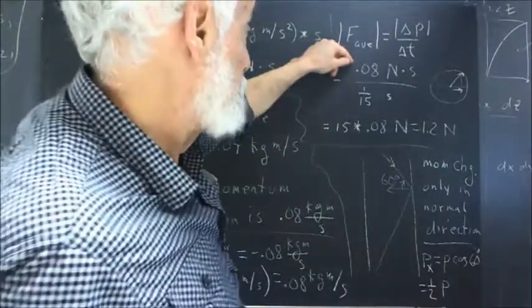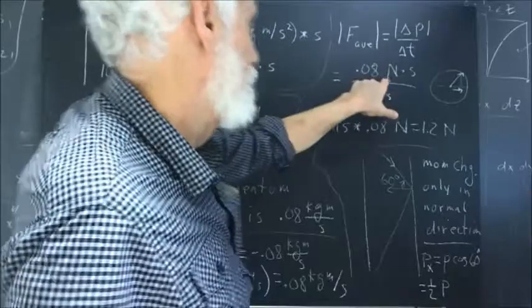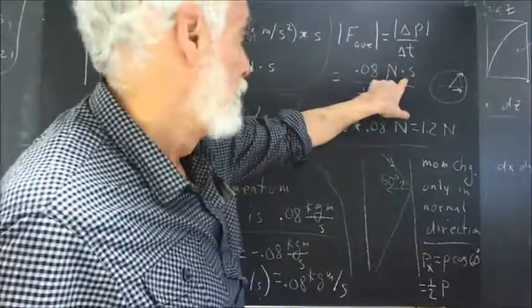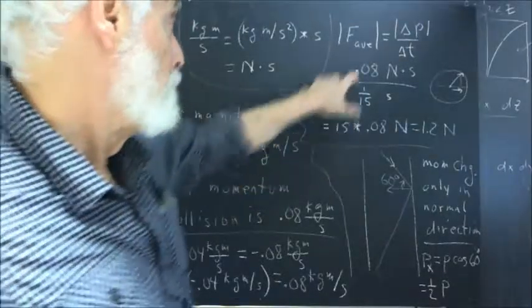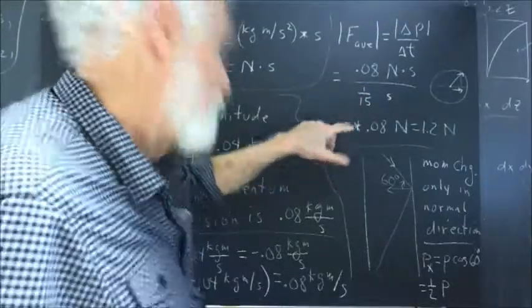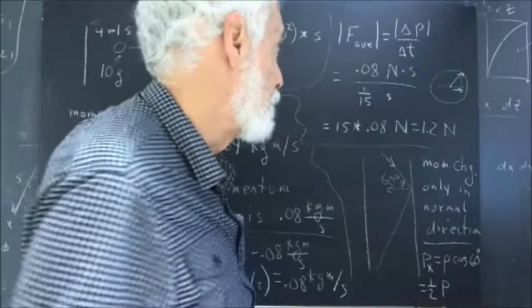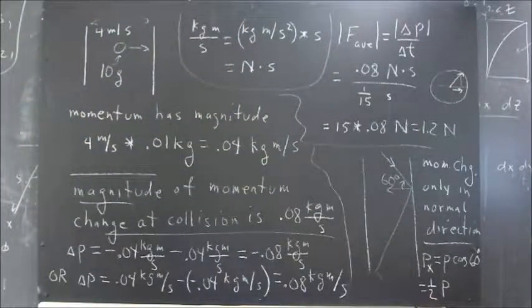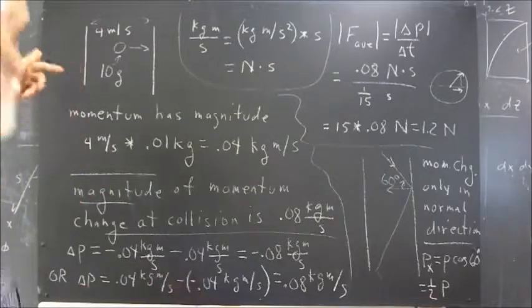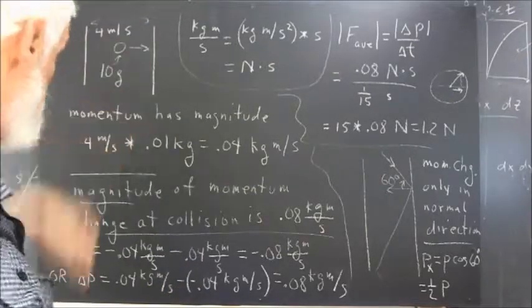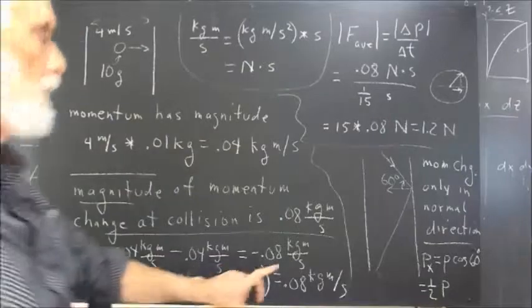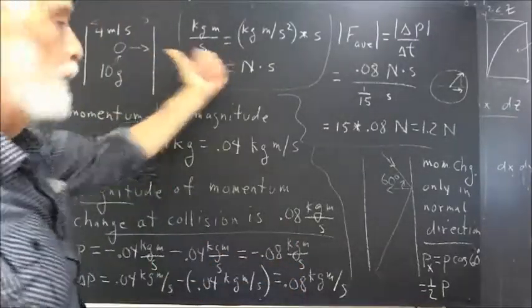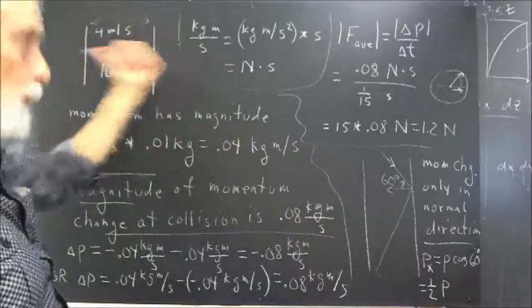So we're going to be dividing 0.08 Newton seconds, and I'm using the Newton seconds here instead of kilogram meter per second, but you can verify that that unit is the same as this unit. If I divide that, well, I get 15 times 0.08 newtons, or 1.2 newtons of force. Now, if we're talking about the force being exerted on this wall, we're talking about the change in momentum being negative 0.08 kilogram meters per second, meaning that the force is going to be negative 1.2 newtons.